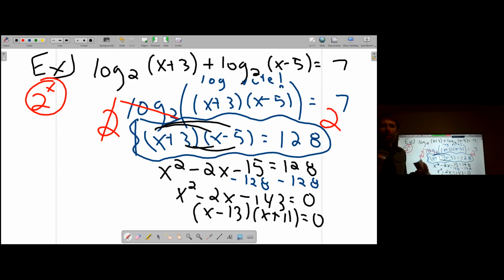You might not recognize that 143 is 11 times 13, you might have needed to work a little bit harder, but there you go. So we get two solutions here. We get two solutions of x equals 13 and x equals negative 11.